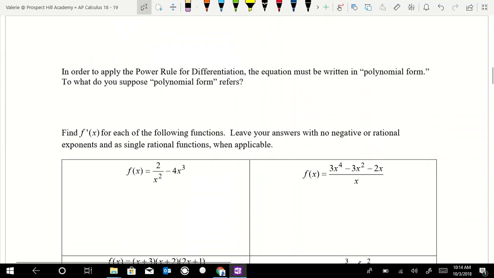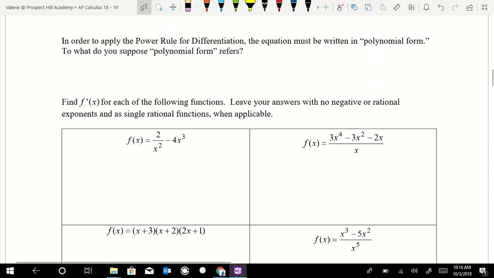In order to apply the power rule for differentiation, the equation must be written in polynomial form. So what do you think polynomial form means? Take a second to write down what you think polynomial form means.